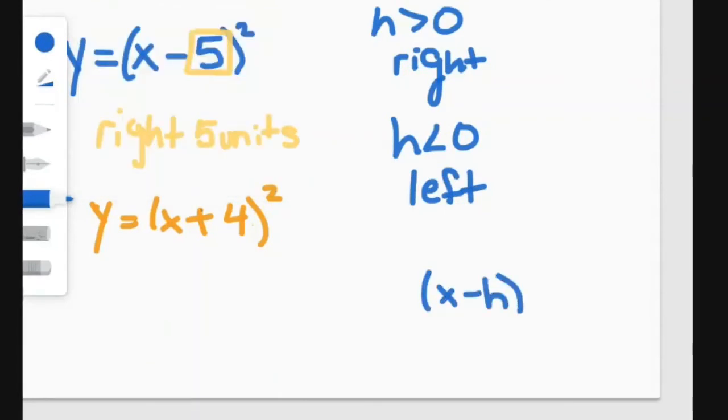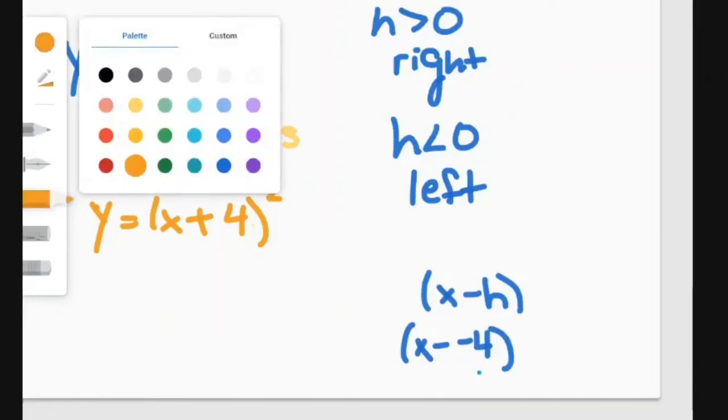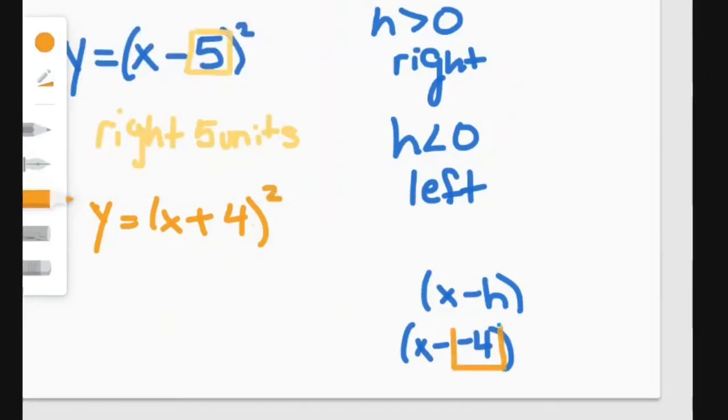The only way to make a minus sign into a plus sign is if this was probably x minus a negative 4. A negative 4 with a minus sign is how it ends up getting switched.